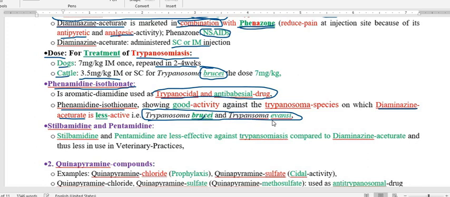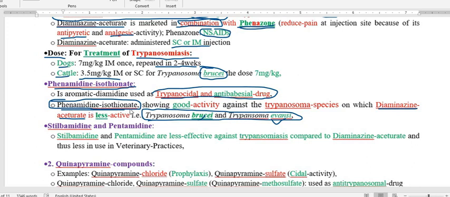As we discussed, diaminogen aceturate shows less effectiveness against the Trypanosoma species brucei as well as evensi. However, the drug phenamidine isethionate shows very good efficacy against the brucei and evensi species.